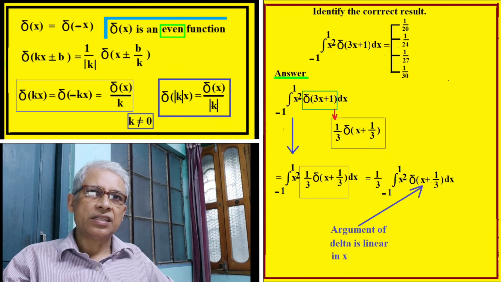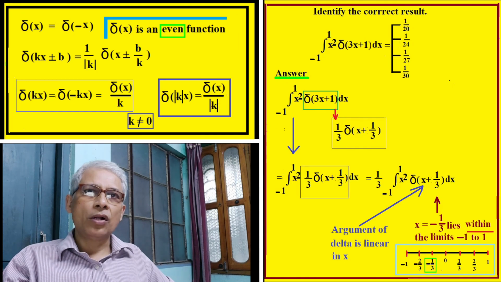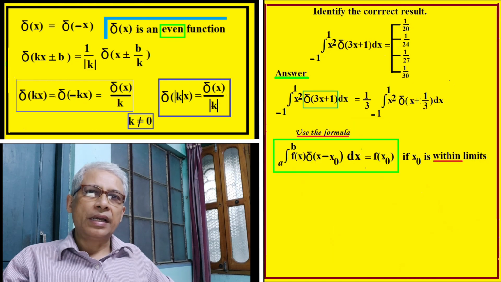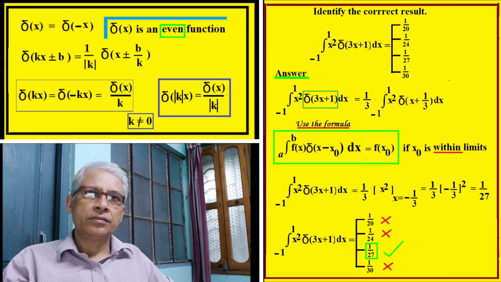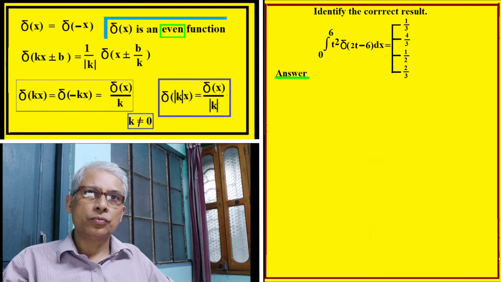We note that the argument is linear in x. We also see that minus 1/3 lies within the limits of integration minus 1 to plus 1, and so let us use the formula as shown in the green box to get the result 1 by 27. So we have solved the problem. The third option is what we accept as true.